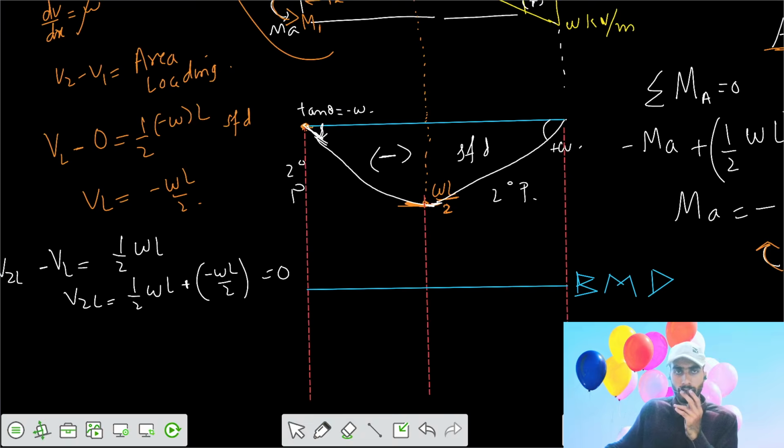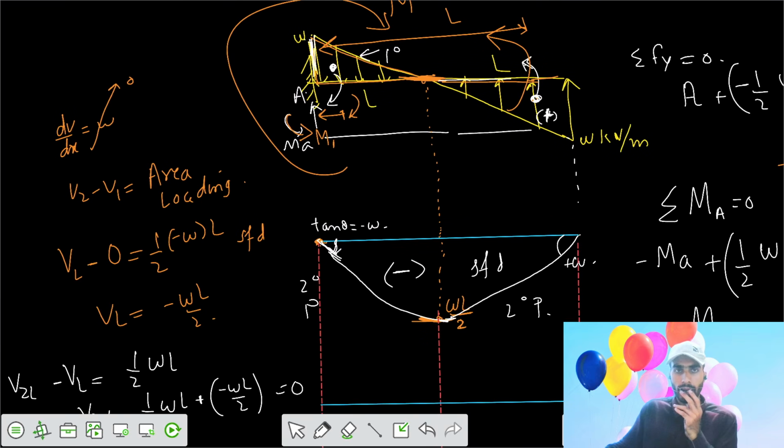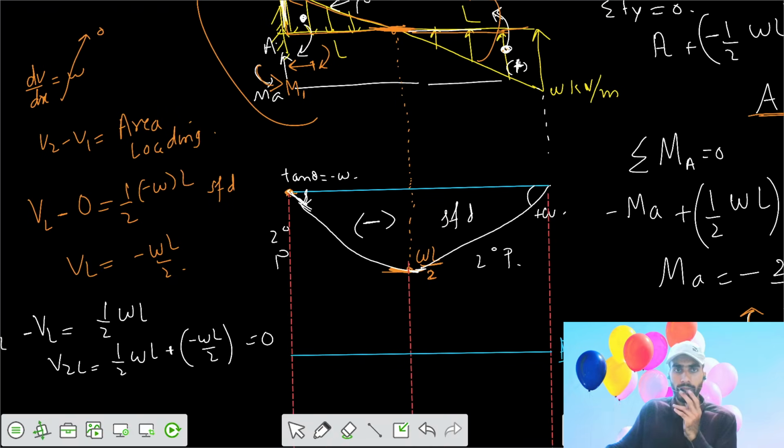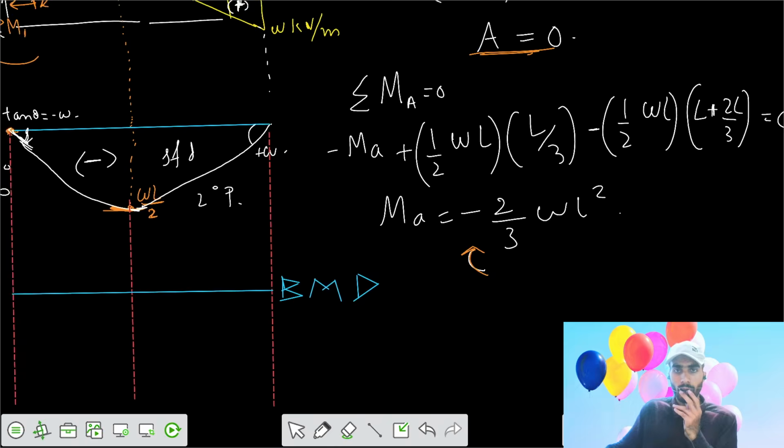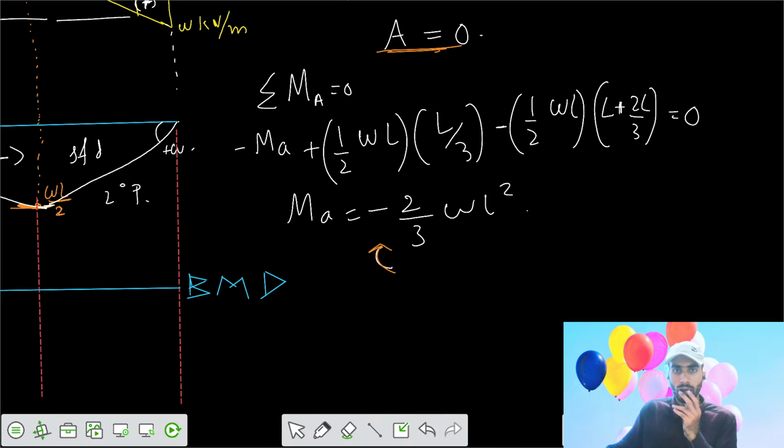We have that at the cantilever side, the moment at A was equal to 2 by 3 WL square. That was clockwise. A clockwise moment is positive for BMD. So if the moment is acting clockwise, we have a sagging moment.